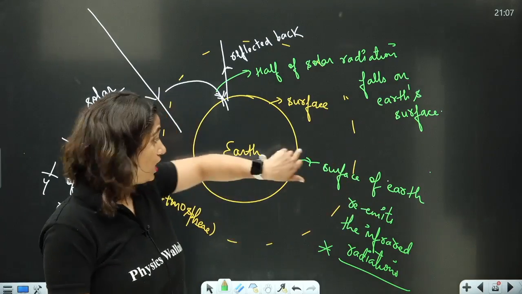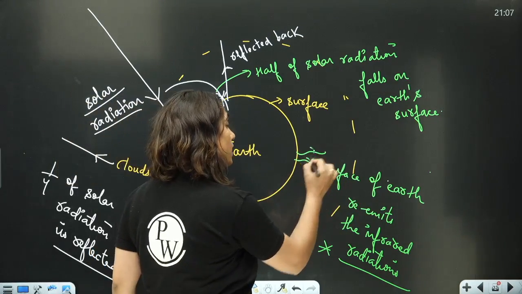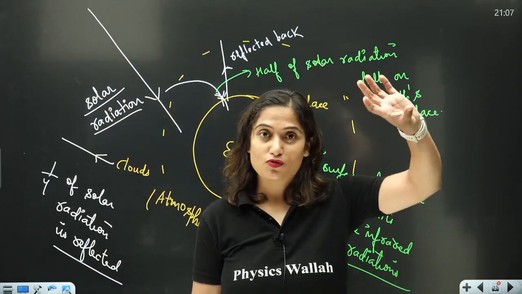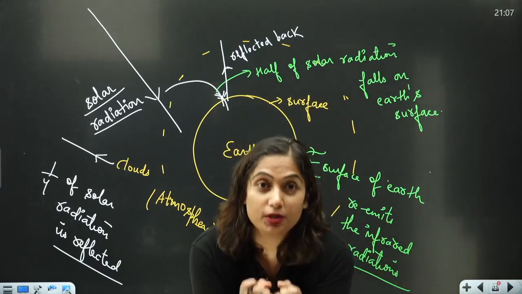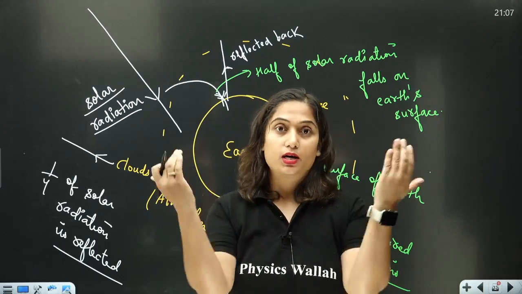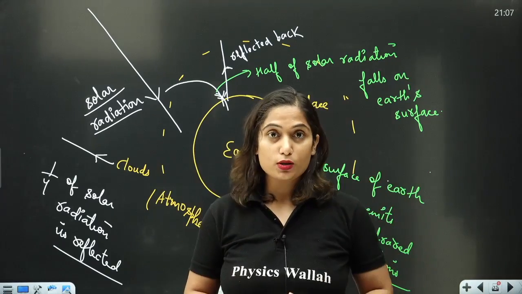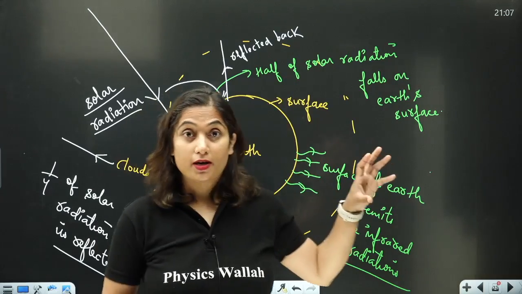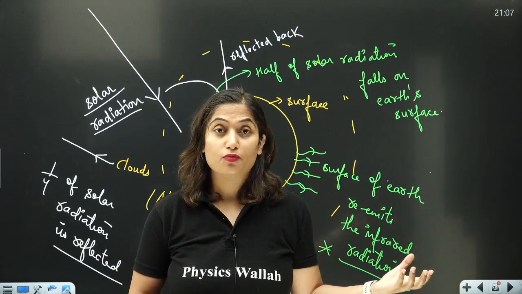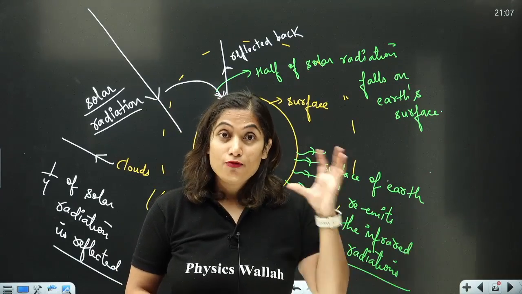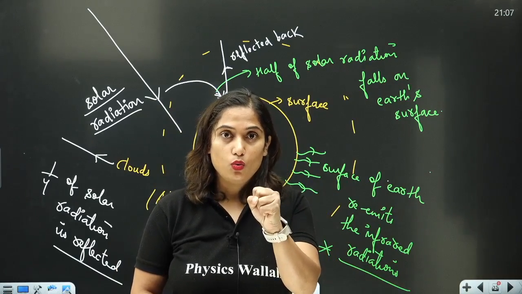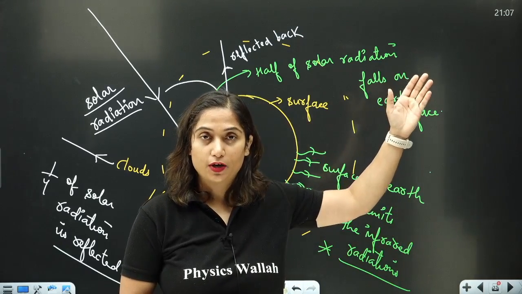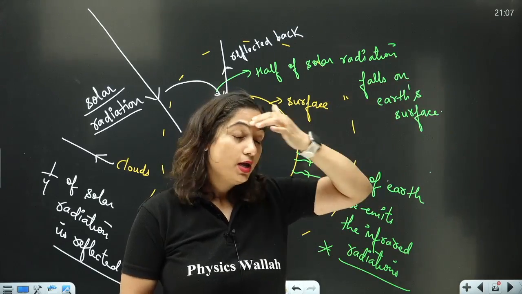So when the Earth's surface re-emits these infrared radiations into the atmosphere, then they get trapped in the Earth's atmosphere. That was good. But in today's scenario, the atmosphere has a very high concentration of methane gas and CO2, which do not allow these infrared radiations to escape the atmosphere, right?